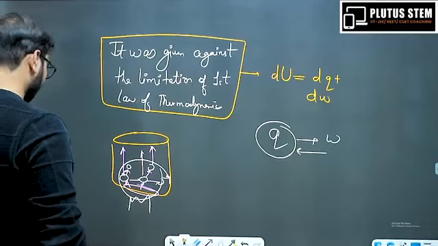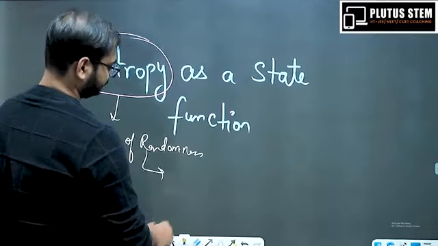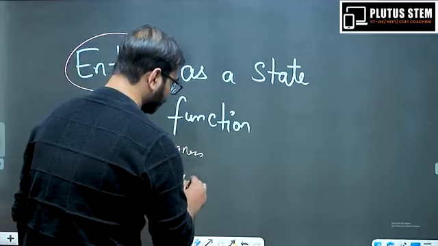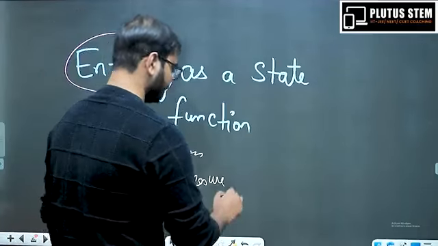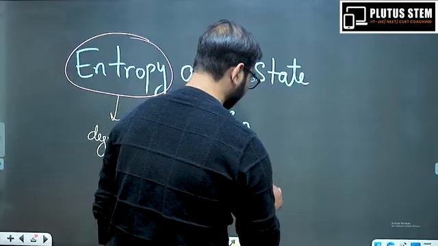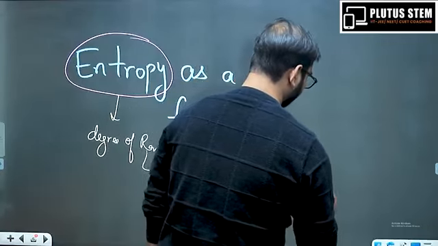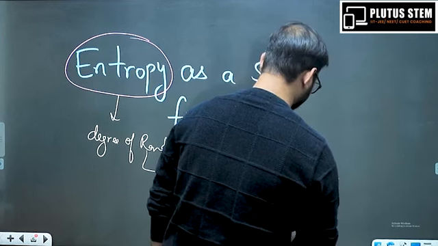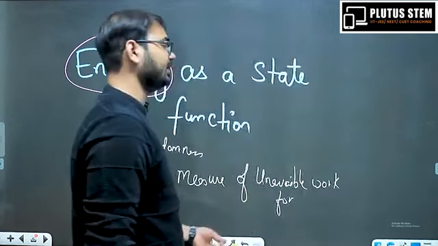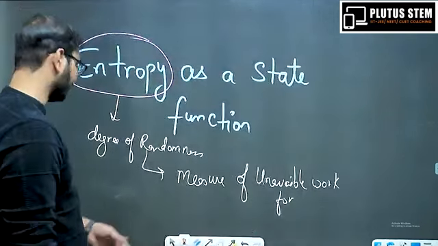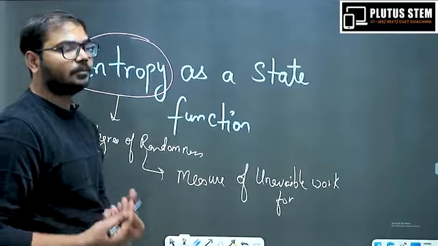So entropy is sometimes also defined as a measure of unavailable work for the system. That means the amount of heat that is not being utilized by the system for whatever process we are looking at.